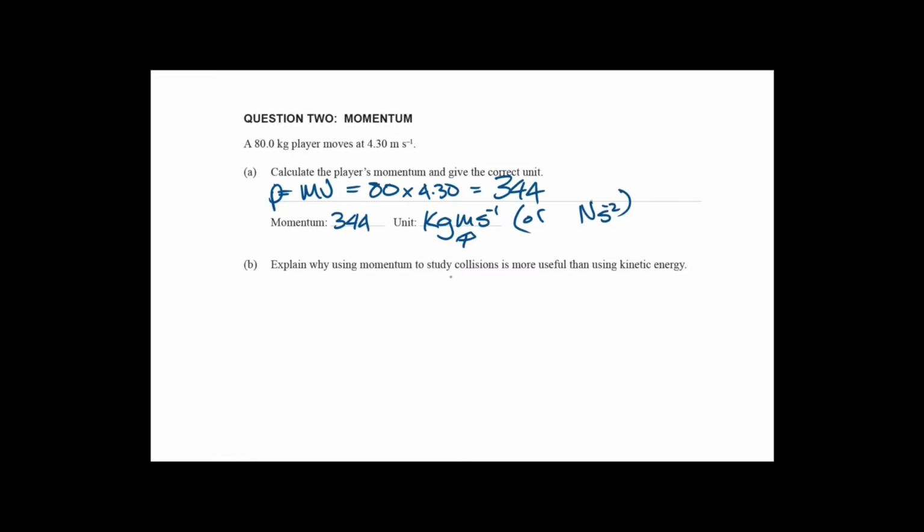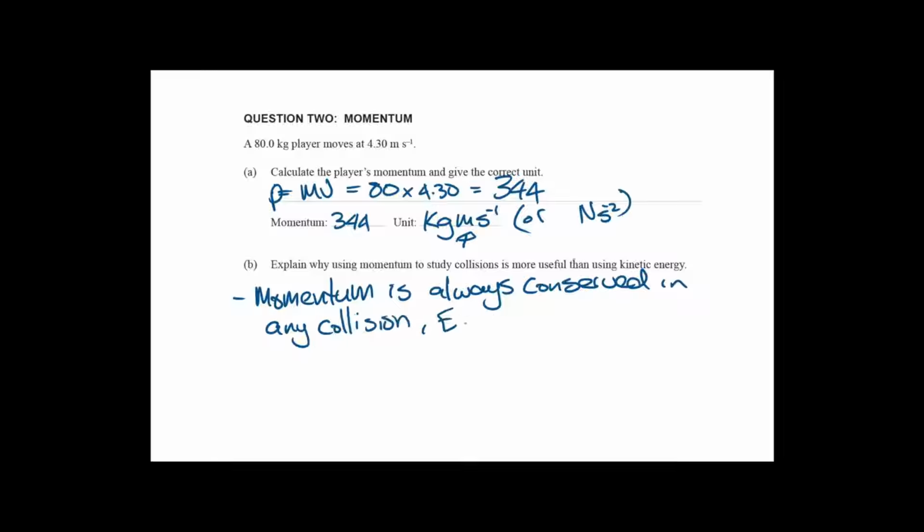Explain why using momentum to study collisions is more useful than using kinetic energy. Well, the main thing is that momentum is always conserved in any collision, whereas kinetic energy is not.